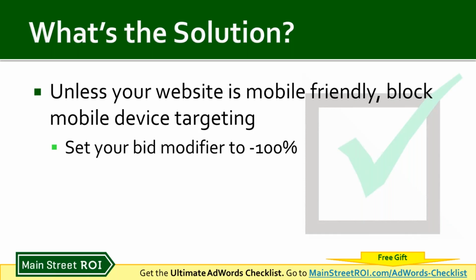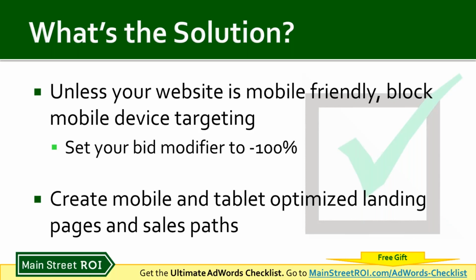Certainly when you're starting a new campaign, I tend to recommend blocking mobile devices and really isolating just the desktops and or computers and tablets. And that just gives you the best chances for success if you're targeting people who are sitting at their computer more likely to make that buying decision.